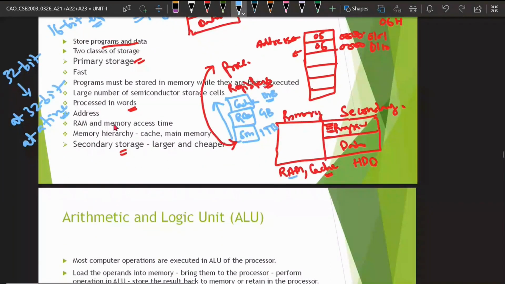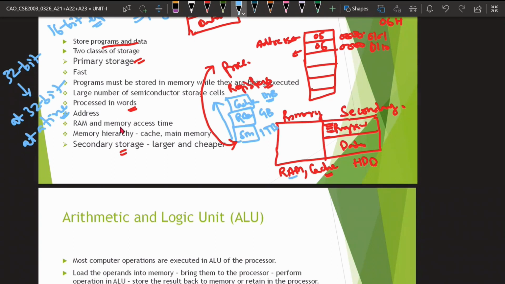Okay, so RAM and memory access time. In terms of primary storage memory, it is fast and it processes in terms of words. Primary memory is RAM, and its speed is given in terms of memory access time.